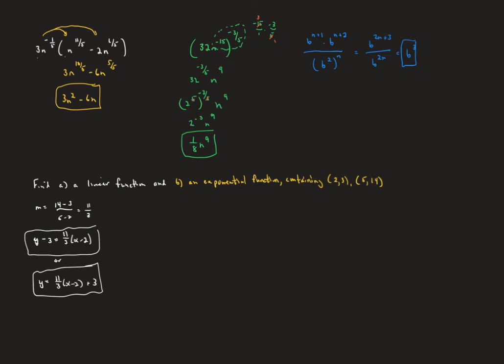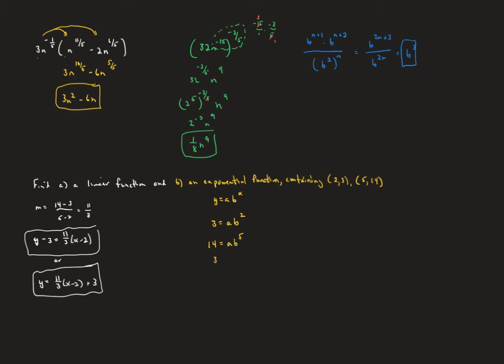Now the next one gets a little more challenging here. So we're thinking of something in the form y equals ab to the x. So we can say 3 is equal to ab to the 2nd. We can also say 14 is equal to ab to the 5th.